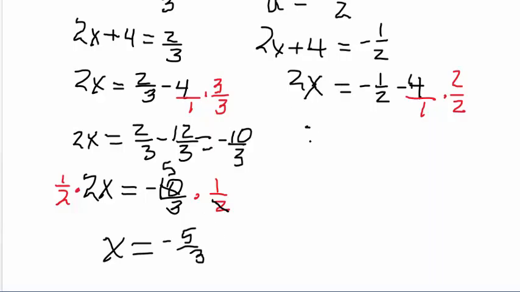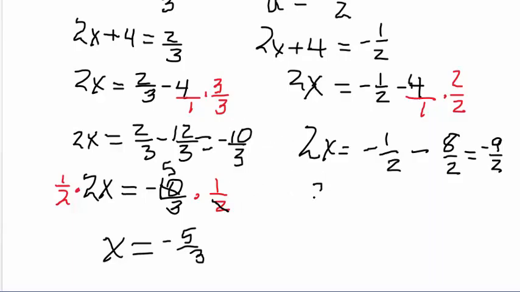Here I get 2x equals minus 1/2 minus 8 over 2, which is minus 9/2.